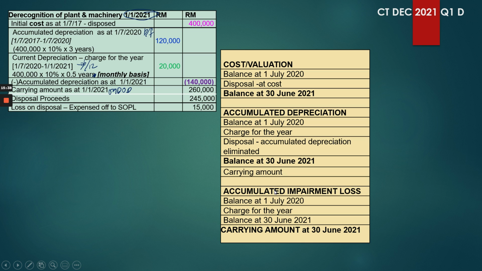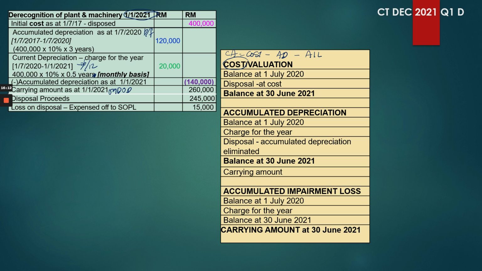But for the asset that has impairment, which is the second asset, you need to do extra, where you need to include a few more lines for your accumulated impairment loss. Remember, under cost model, if you can still recall, the carrying amount of the asset equals cost, there is no valuation, minus accumulated depreciation minus accumulated impairment loss.